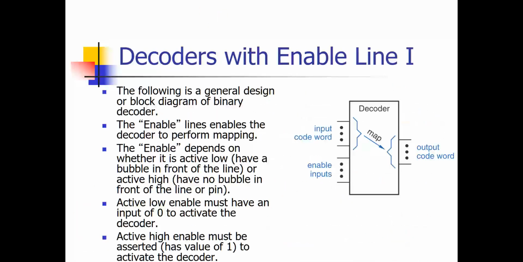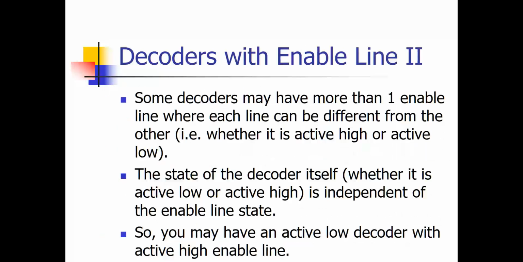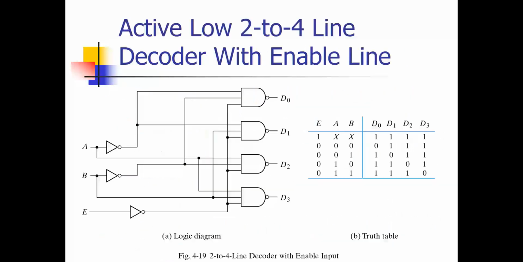Now, let's just continue with this. We explained this already. Here he is talking about an active low decoder. Notice that instead of using an AND, we are using a NAND, and this is to produce the active low output.